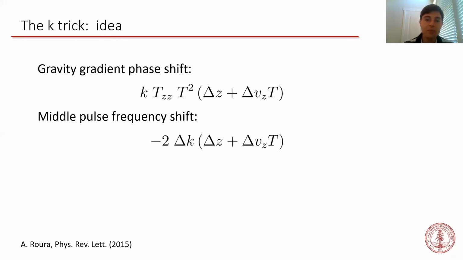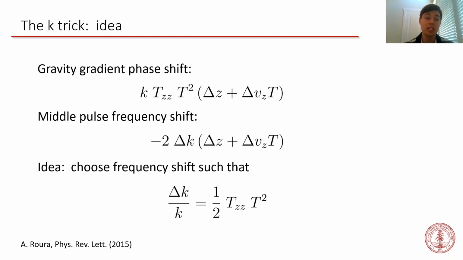As pointed out in this paper by Albert Rura, if we shift the frequency of the middle pulse zone, we imprint this phase shift, which depends on the initial position and velocity difference in the same way. So by choosing the appropriate frequency shift, the coefficient in front of delta Z and delta VZ goes to 0, and the interferometer becomes insensitive at first order to vertical kinematic differences.